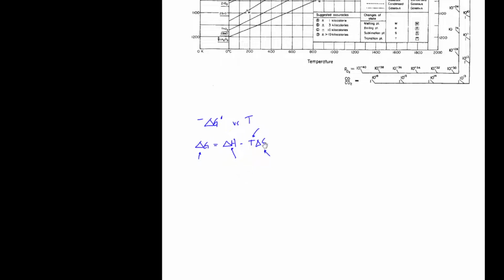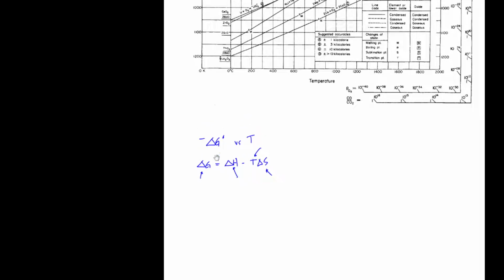So if we look at it, we are plotting delta G versus T. So this is our y-axis, and ito yung x-axis natin. Then therefore, this is just like y is equal to b minus mx. Tama?